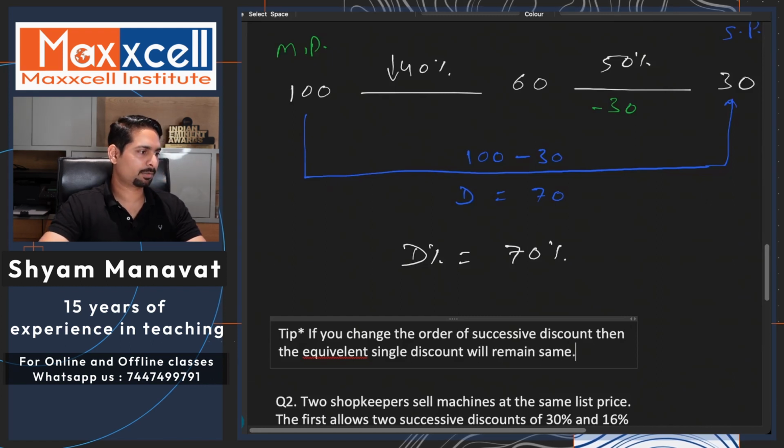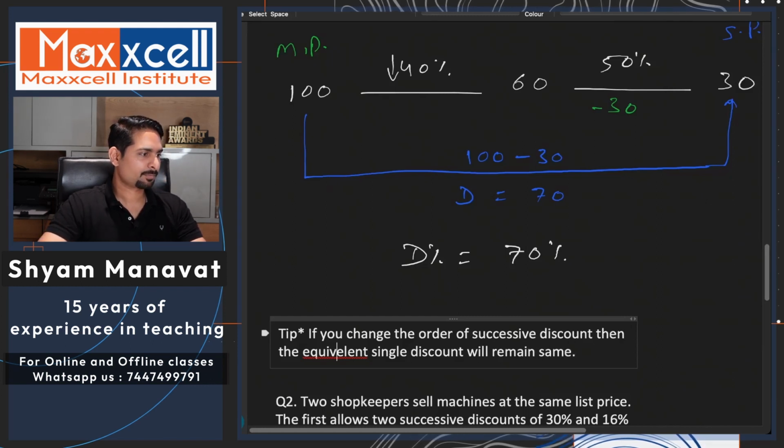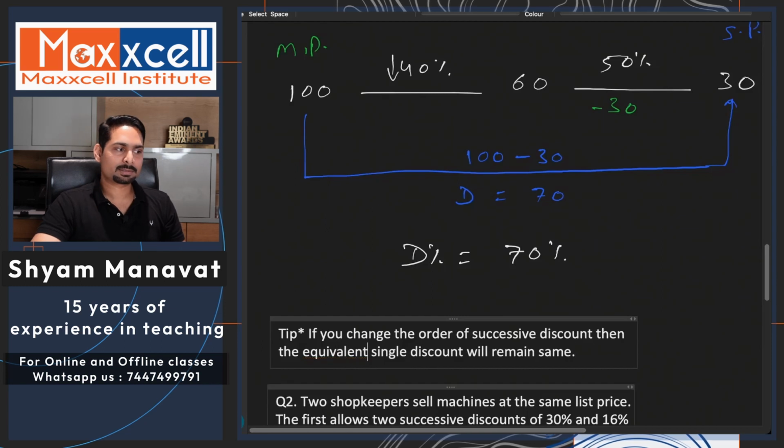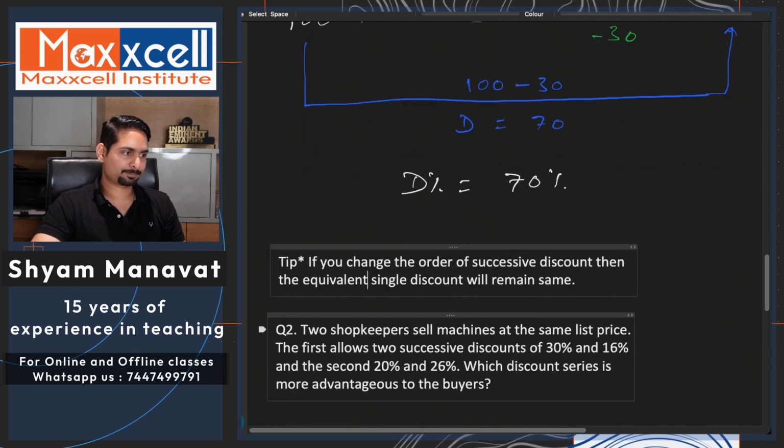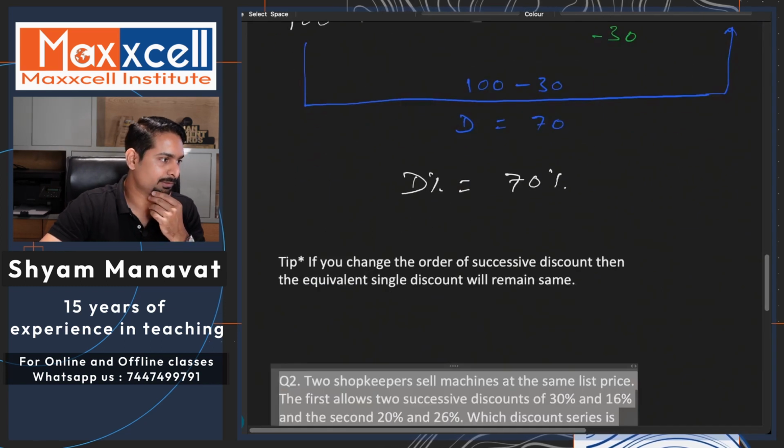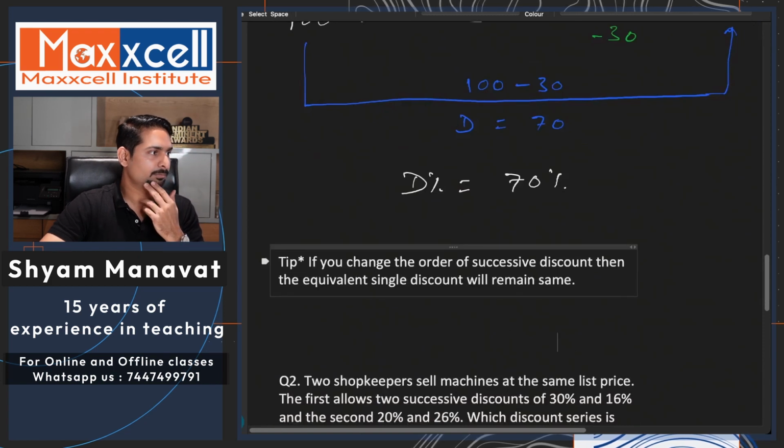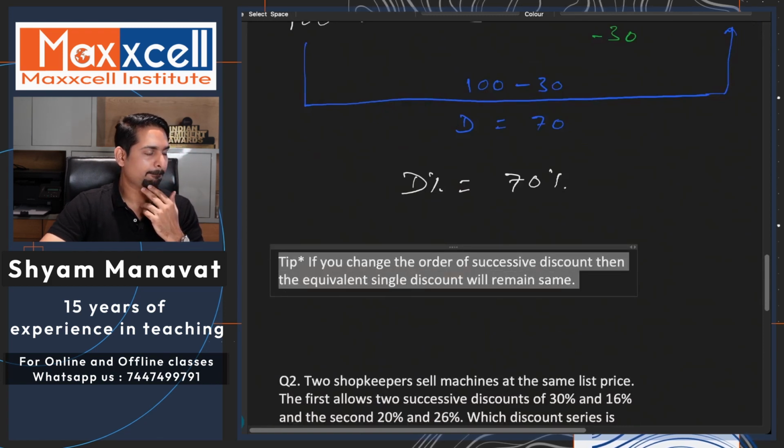Okay, it will not change. The equivalent single discount will still remain the same. Okay, you have to remember this, yes, this is an important one. You have to remember this.